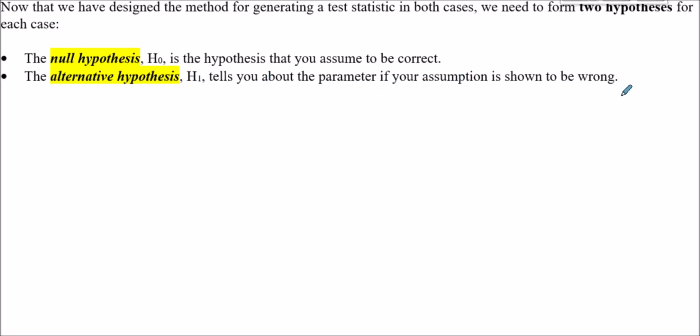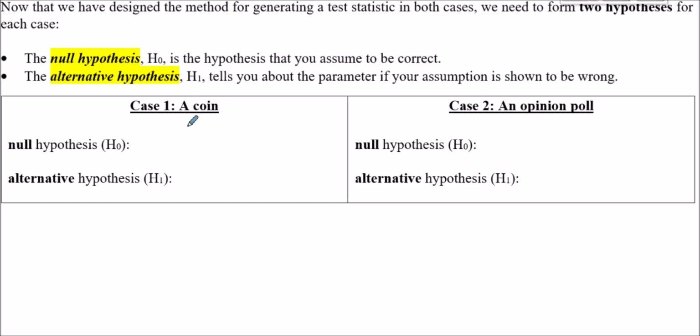So using the coin flip example, the null hypothesis H0 is a probability of getting heads is 0.5. An alternative hypothesis, if it's biased towards being heads, is that the probability of heads may be greater than 0.5. So, like I've just said here, case 1, a coin, the null hypothesis H0 would be that the probability of head is 0.5.